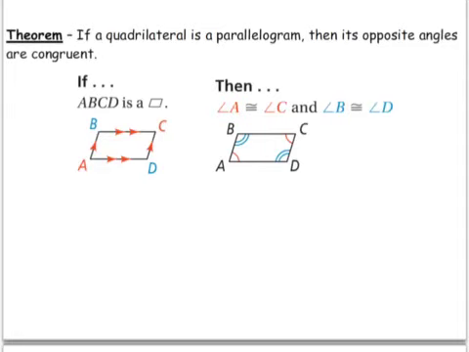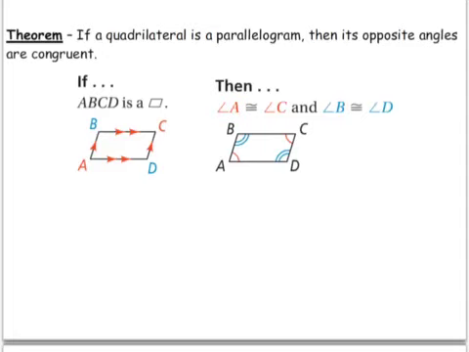Our next theorem states that if a quadrilateral is a parallelogram, then its opposite angles are congruent. Okay, let's think about this for just a second. If we're going to try to prove it, then we know angles A and B will be supplementary because they are consecutive. Angles B and C are going to be supplementary because they are also consecutive.